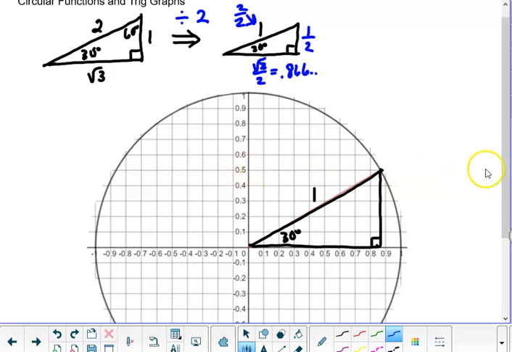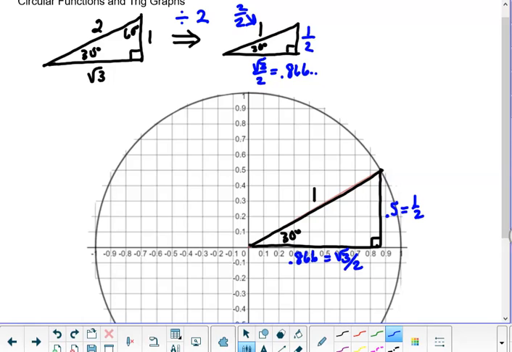If you look over here, this is 0.5, or 1/2. The adjacent side we would expect to be about 0.866 units long. Notice that looks very reasonable. So this is 0.866, or the square root of 3 divided by 2.